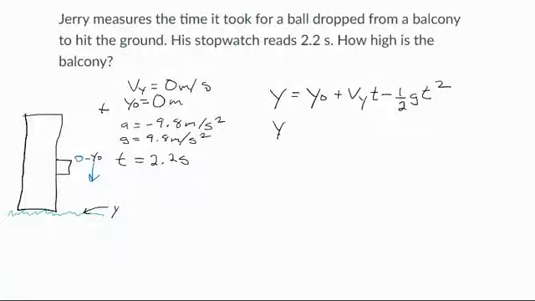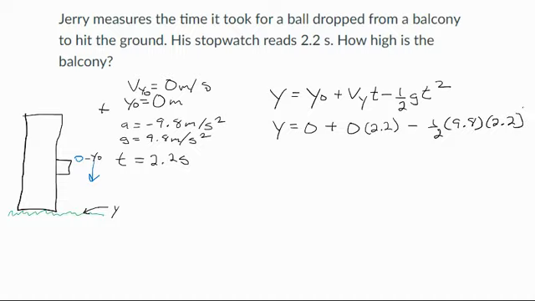Okay, so my final position of the object is going to be 0 plus, and this is another thing that's interesting. This is Vy initial, but it's 0 regardless, times the time, which will be 2.2 seconds, minus 1/2 times 9.8 times the time, which is 2.2.